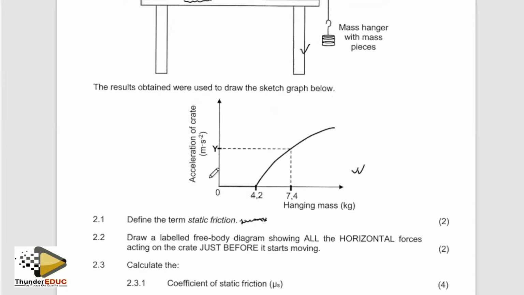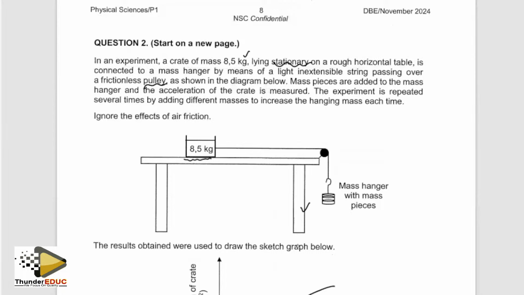Then 2.2, they want us to draw a labeled free body diagram showing only the horizontal forces that are acting on the crate before it starts moving. There's going to be the tension in that direction, and then there's going to be the static friction in that direction. The tension and the static friction are going to be equal to each other.